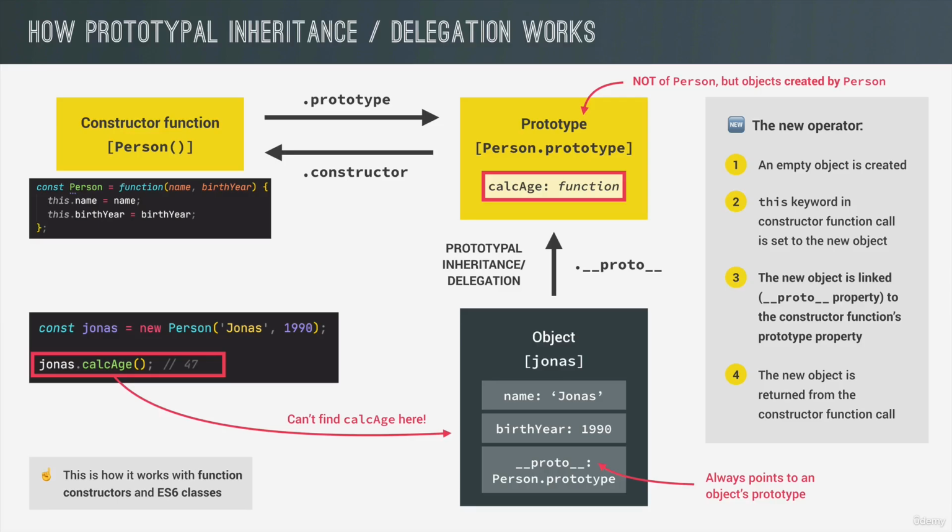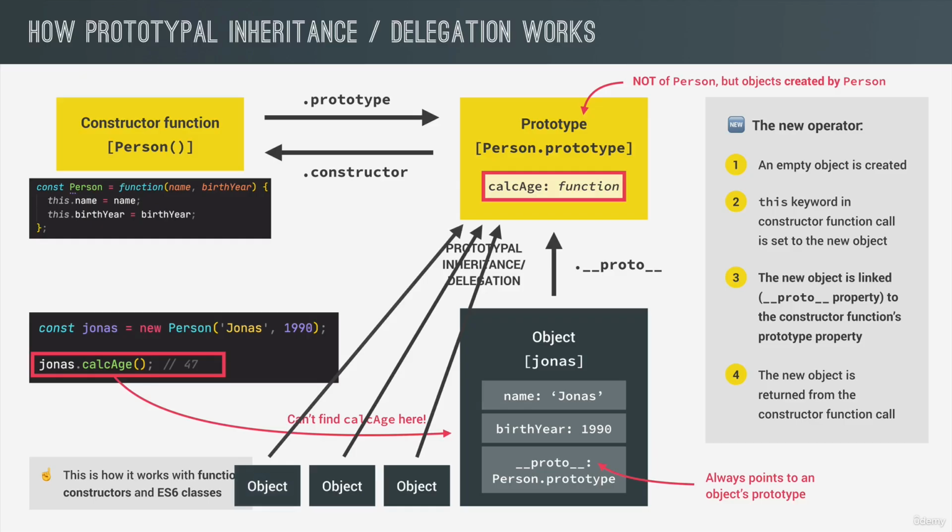Now the beauty of this is that we can create as many Person objects as we like, and all of them will then inherit this method. So we can call this calcAge method on all the Person objects without the method being directly attached to all the objects themselves. And this is essential for code performance.